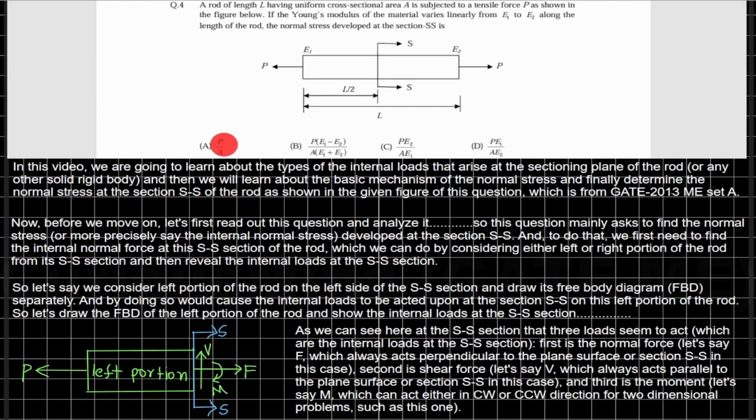P divided by A is correct. So option A is correct.